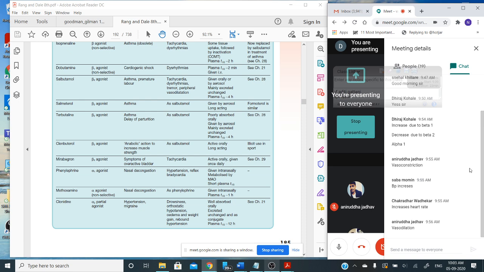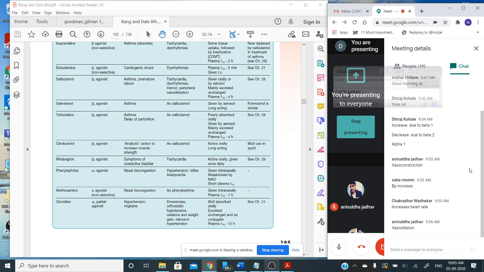Now, what happens if somebody gives an MAO inhibitor simultaneously with reserpine? The problem with reserpine was that it was not allowing the neurotransmitter to go into the vesicle. Because of that, it was increasing the concentration in the cytoplasm of the presynaptic neuron.